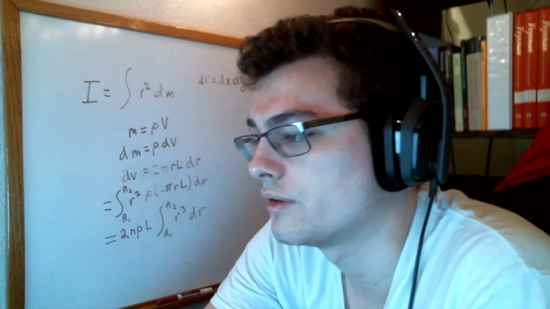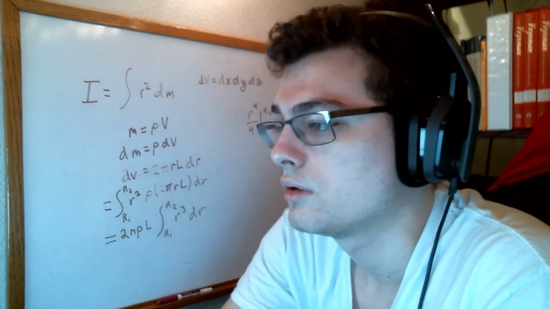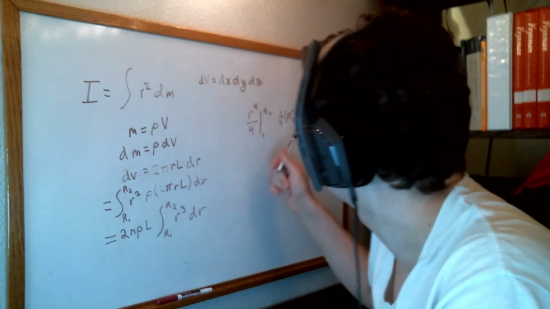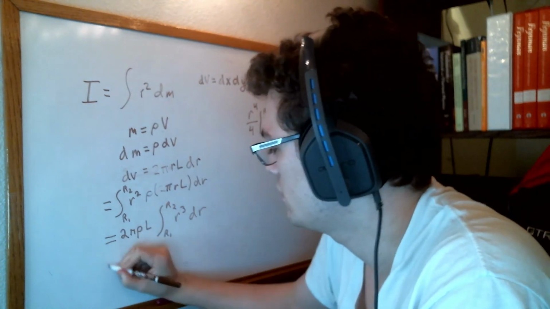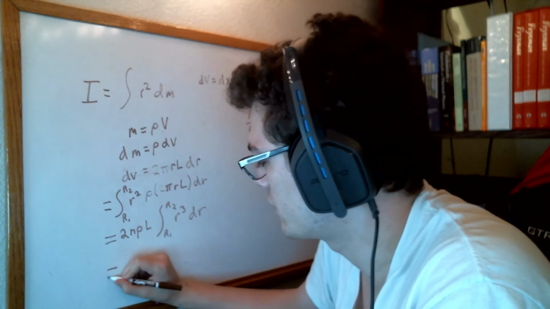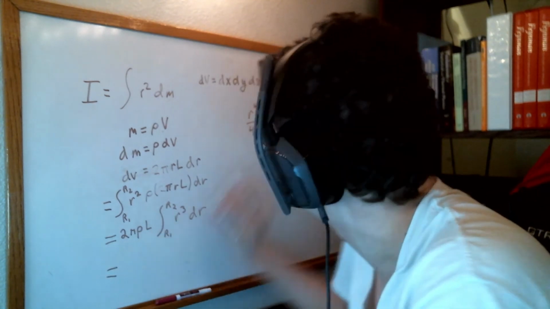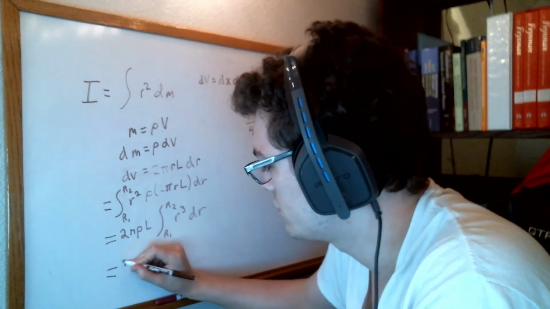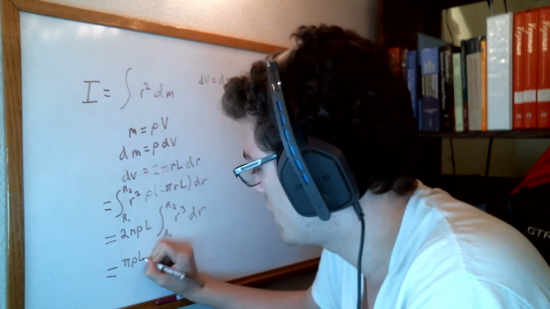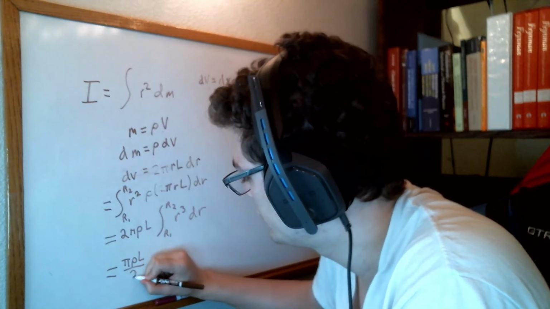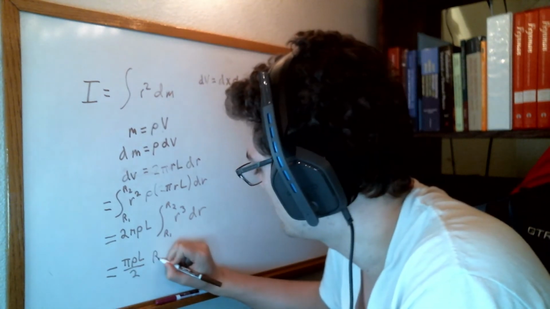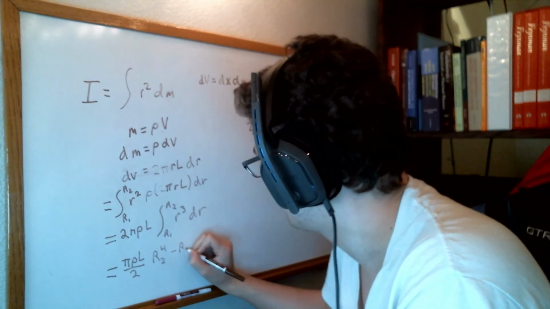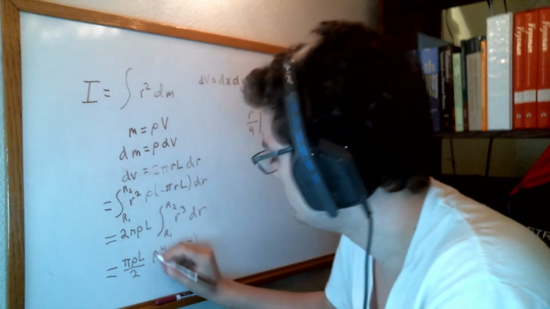And then very quickly, we will be able to factor this quantity here. But let's first write down the result of our integral. The 1/4 is going to cancel with the 2, leaving us with a 1/2 here. So we're going to have pi rho L over 2 times r2 to the 4th minus r1 to the 4th.